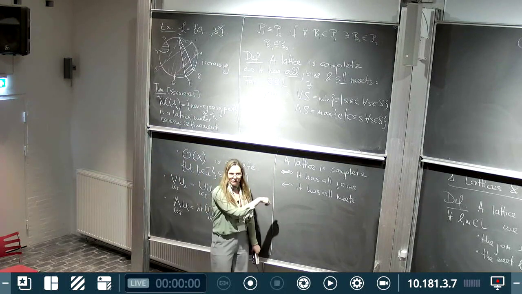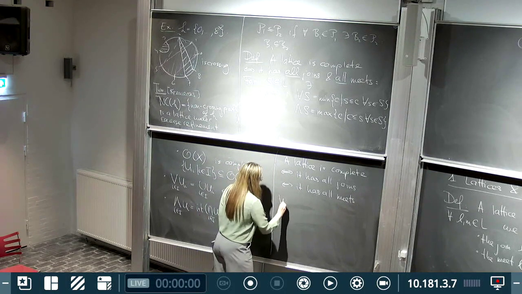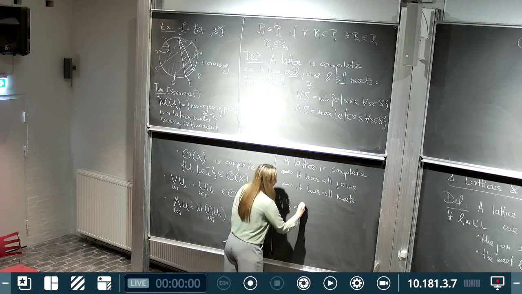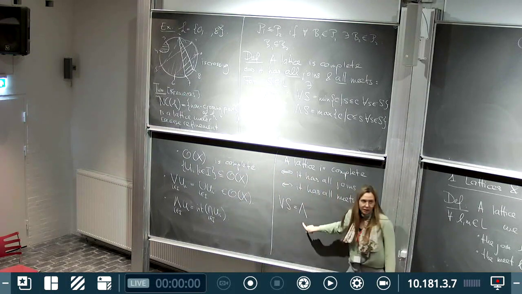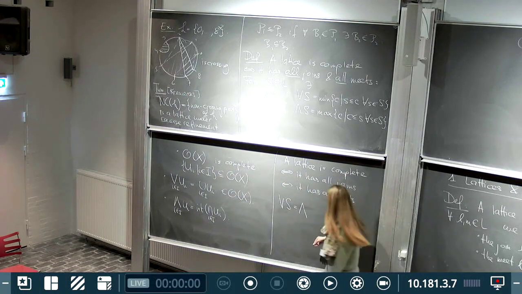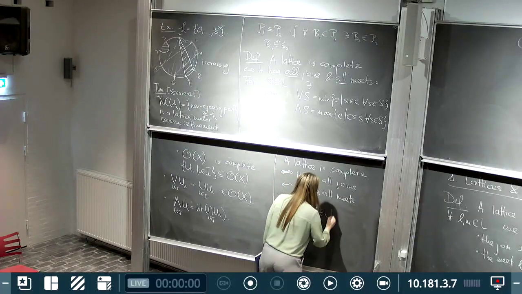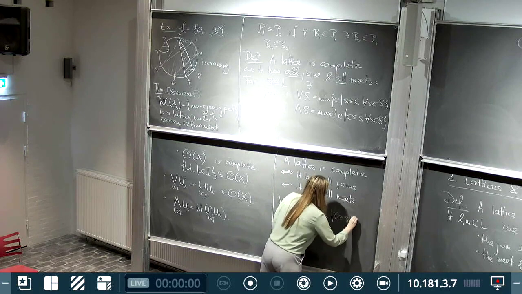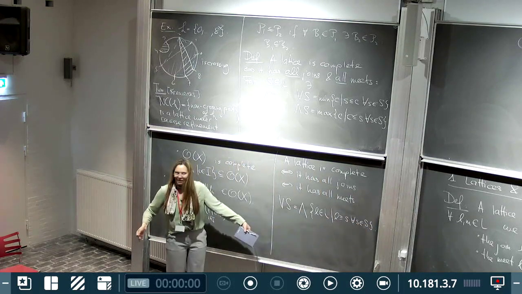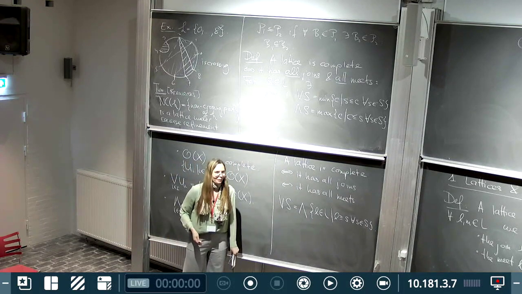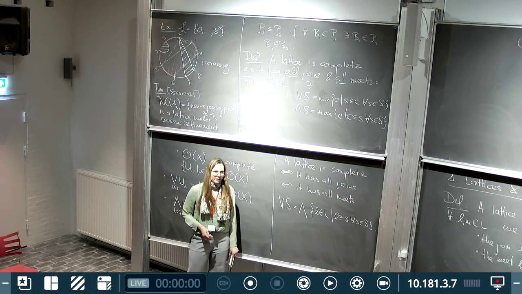Let's say we're just going to do one direction. Let's say we have all the meets. Then what's the join of S? It's going to be the meet of all the elements that are bigger than everything in S. And that exists, and you can think it through carefully to convince yourself that this is in fact the join.